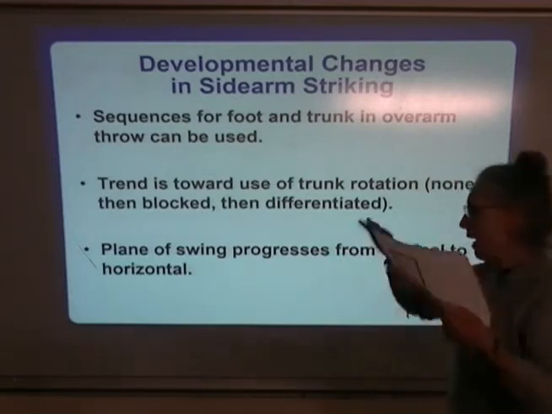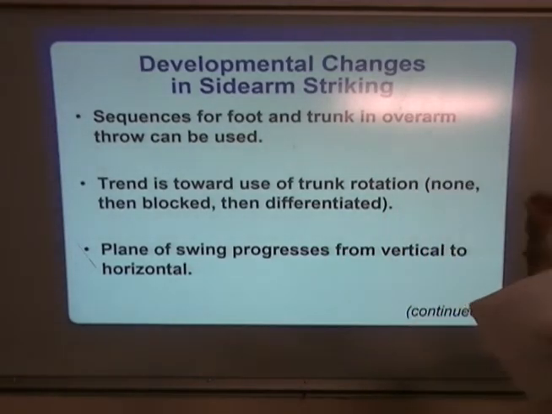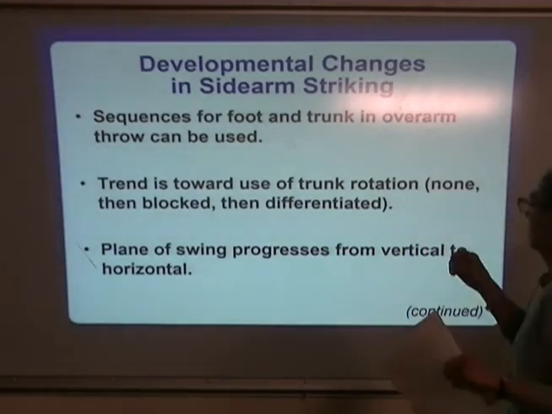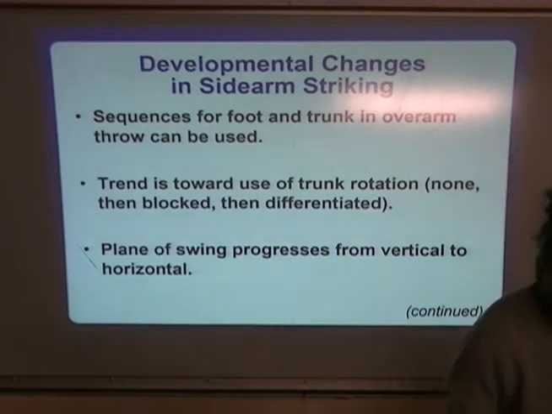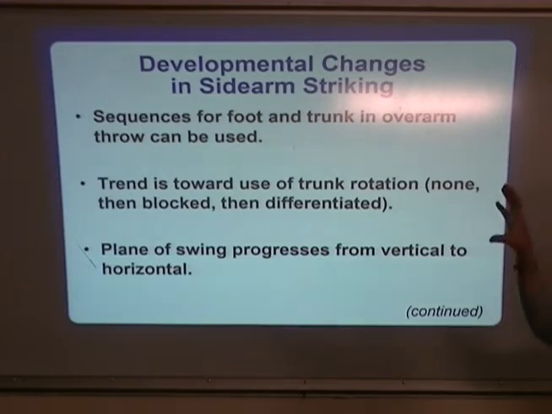So if we think about our developmental sequence charts, if you look at page 118, they've got the foot, trunk, and upper arm. You could use the throwing table and the throwing observation plan.